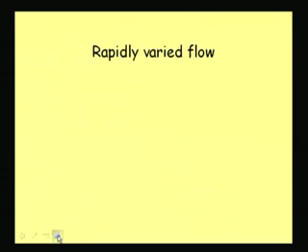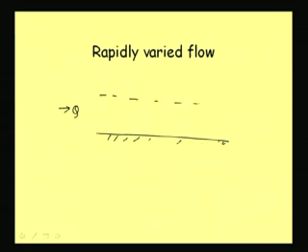Then rapidly varied flow. Well, rapidly varied flow means, say we have a channel like this, and in normal conditions, if we allow the water, a discharge Q, to flow in this channel, suppose this is the flow depth.